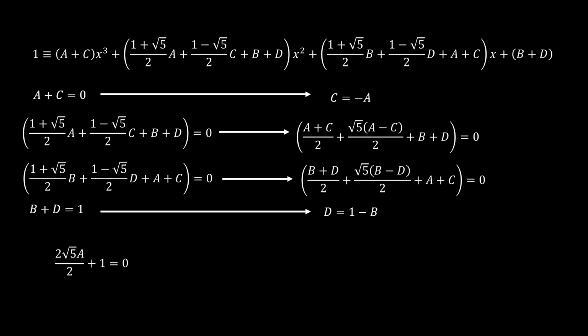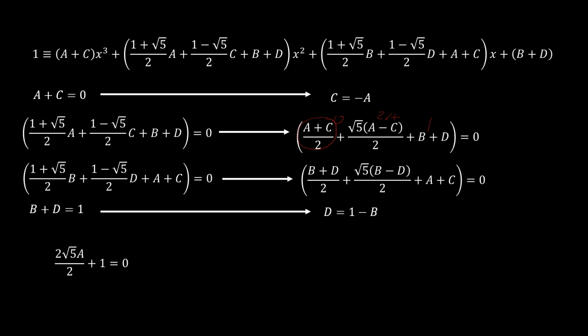So this is 0, and this is 1. And then since c is equal to negative a, a minus c gives us 2a here. And that results in 2 times (root 5 over 2 a plus 1) equals 0.